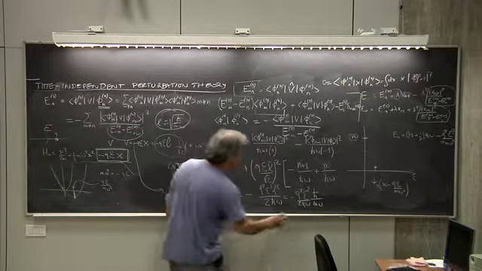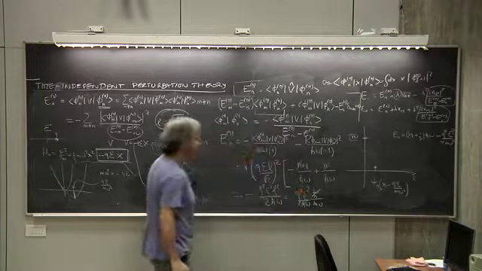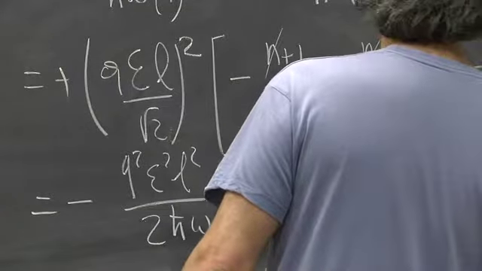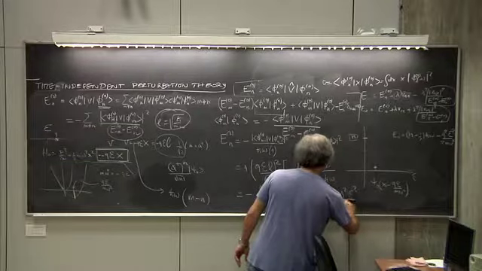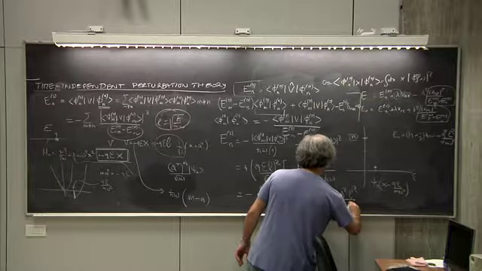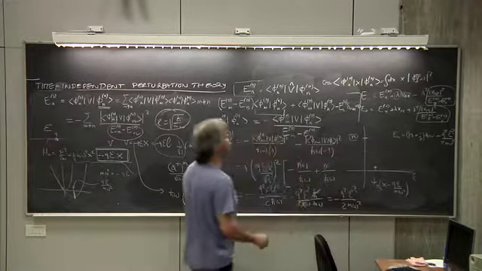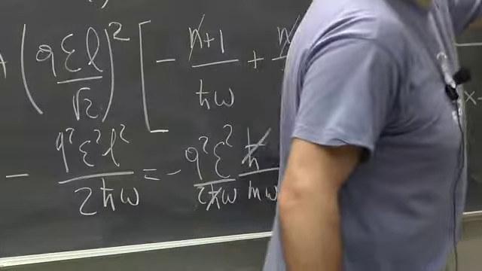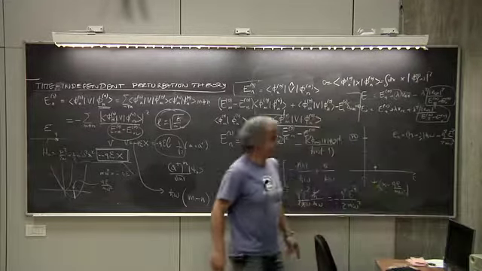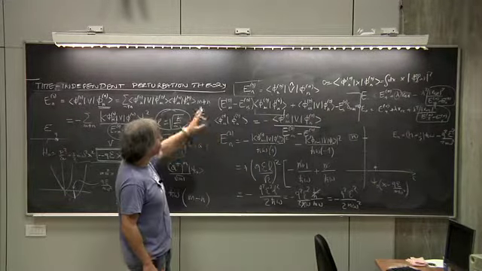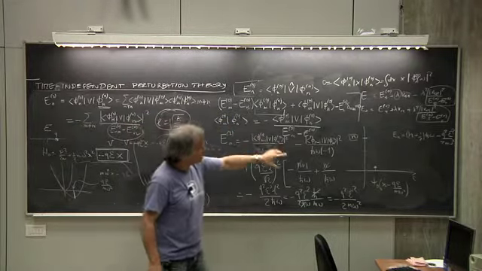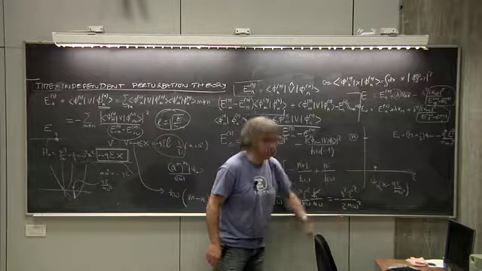You see that ħ actually goes away. And all I have is minus q²ε² over 2mω². Completely classical, no ħ, and absolutely the exact result. Okay? You see, it doesn't depend on n. So the shift is equal for all. It's just the same, minus q²ε².